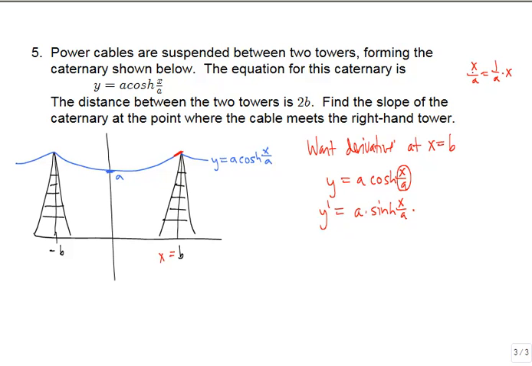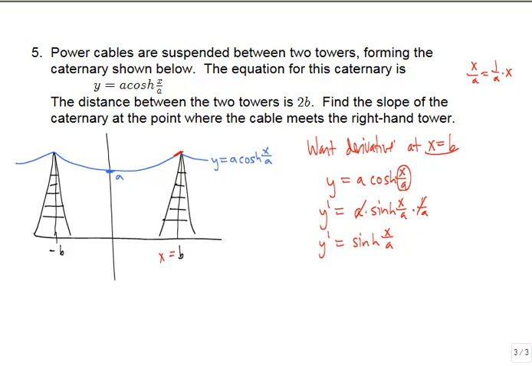So the derivative of x over a is just that coefficient in front, that 1 over a. So my chain rule was derivative of the cosh, which is why this turned into a sinh, times the derivative of the x over a, which is this constant right here. If I simplify, these cancel, so the derivative function is hyperbolic sine of x over a.